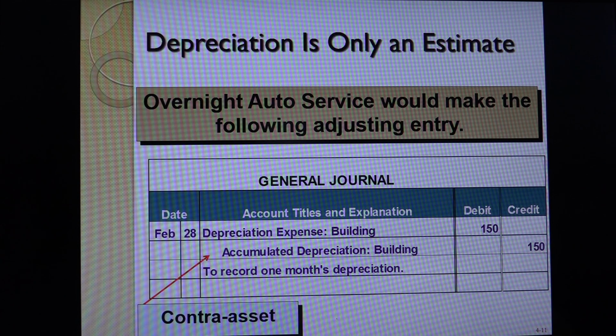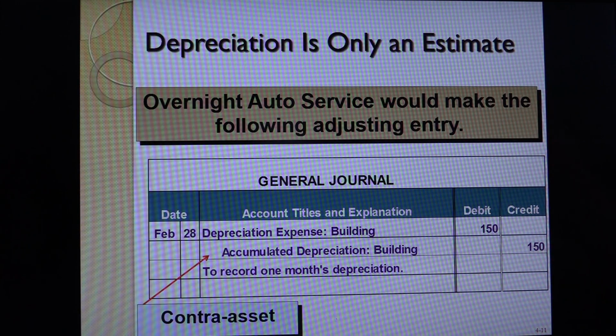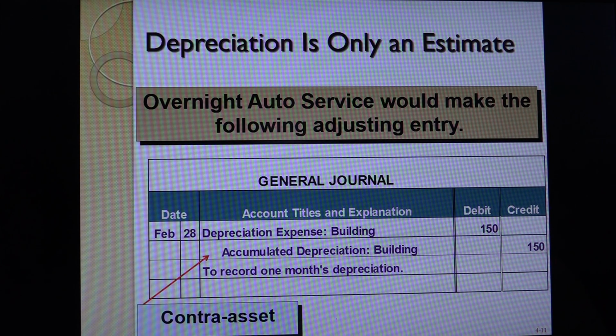Again, you debit depreciation expense and you credit this contra asset account called accumulated depreciation, in this case, building. You identify which contra asset account this is for, in this case, for the building.